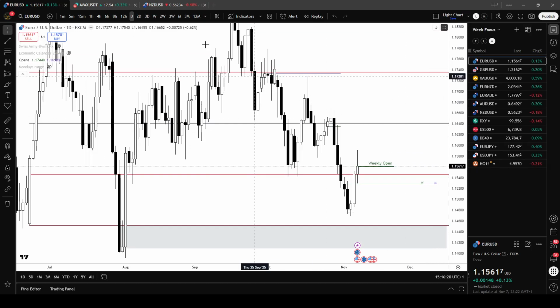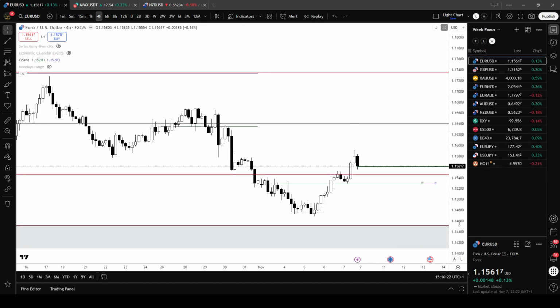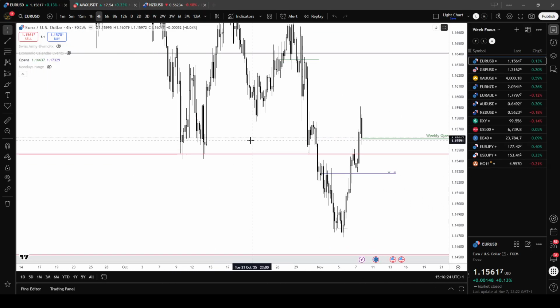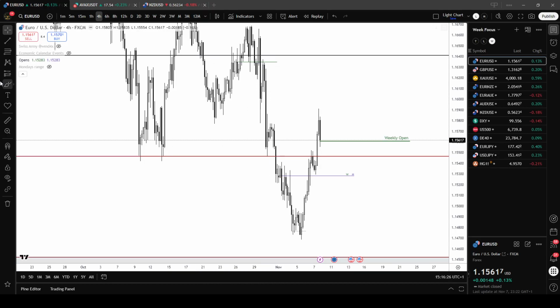And also this level, not only because it is part of our range, but it was an SR level here. You see support, break down lower, resistance.